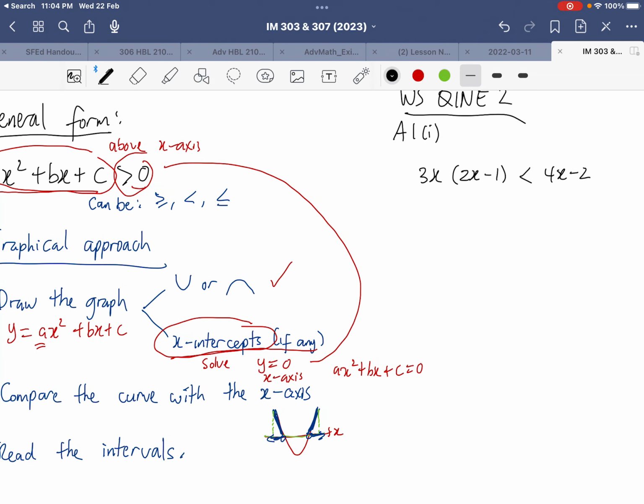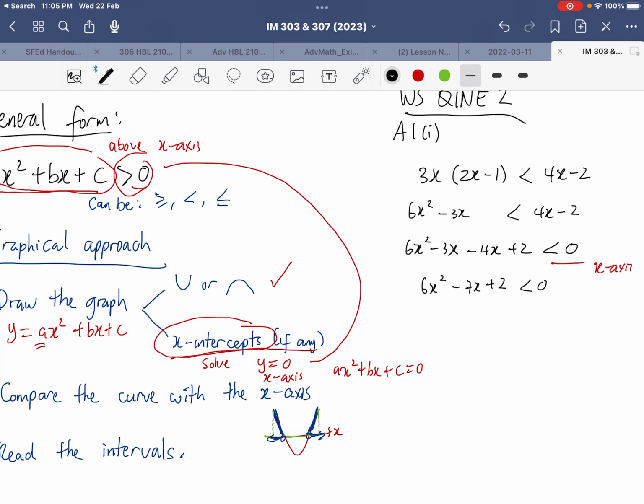So if I multiply the left-hand side, I get 6x squared minus 3x less than 4x minus 2. Then I make the right-hand side equal 0. Only when we make it equal 0 can we compare with the x-axis. And this is the curve, because I get 6x squared minus 7x plus 2 less than 0.